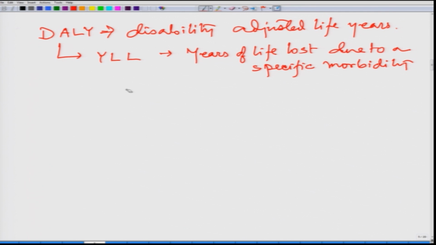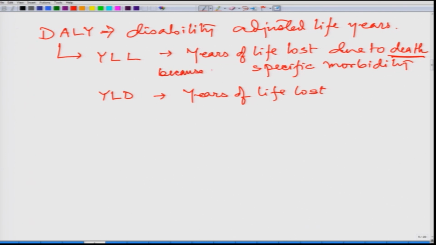And YLD is years of life lost due to death over here. Yeah, sorry. So due to death, years of life lost due to death because of a specific morbidity, and years of life lost due to that morbidity.